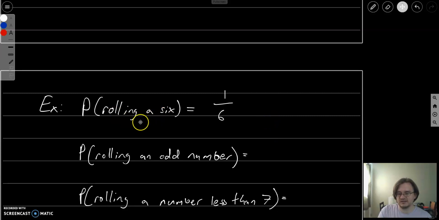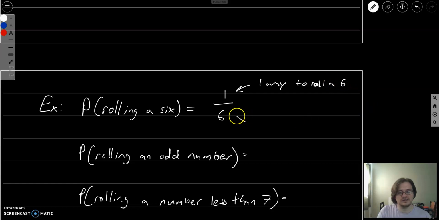Like rolling dice. So here, the probability of rolling a 6 on one die is going to be 1 out of 6. The 1 comes from there's one way to roll 6. Whereas 6, there are 6 possible die rolls.